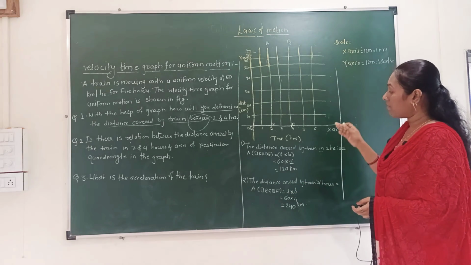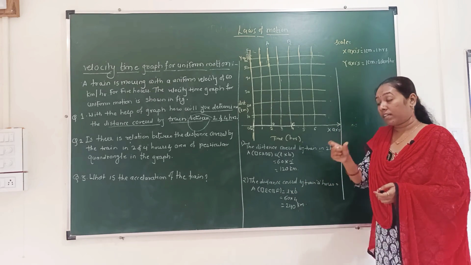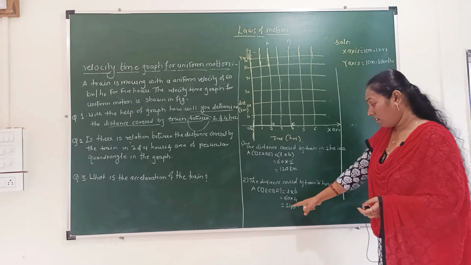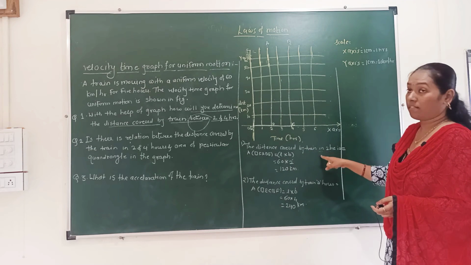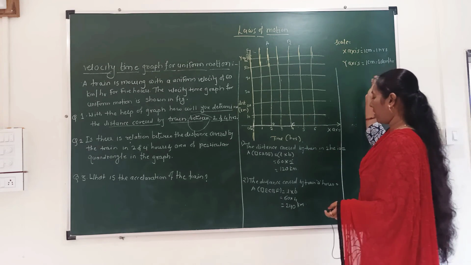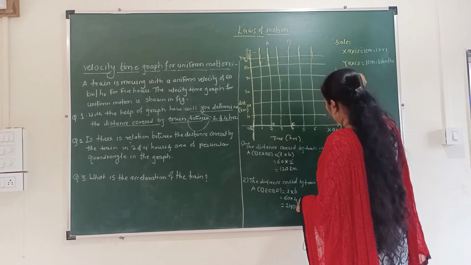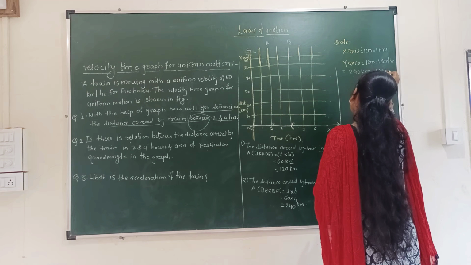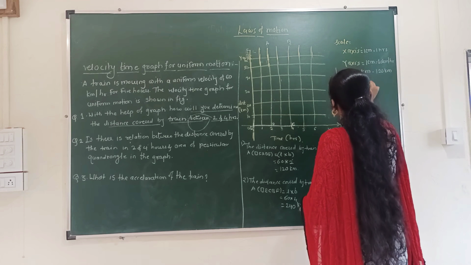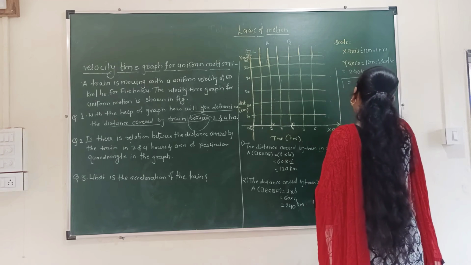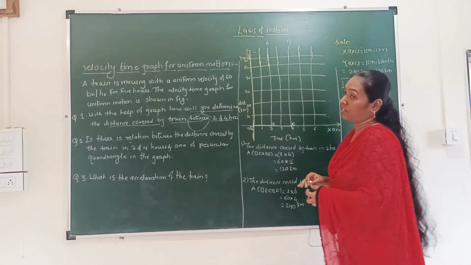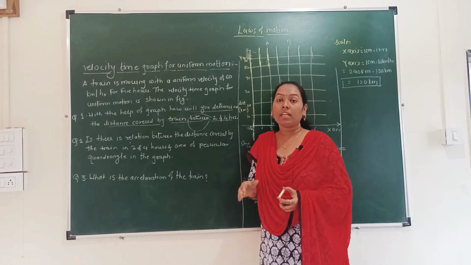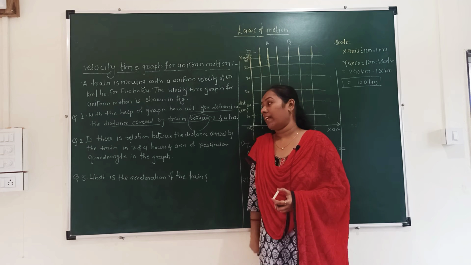Therefore, we can calculate the distance between 2 and 4 hours by subtracting the distance covered by the train in 2 hours from that in 4 hours. So directly I write here 240 kilometers minus 120 kilometers, which is equal to 120 kilometers. So this is the answer of our question number 1: the distance covered by the train between 2 and 4 hours is 120 kilometers.